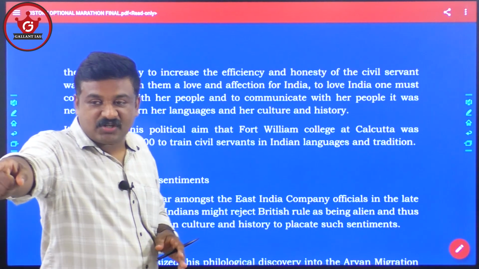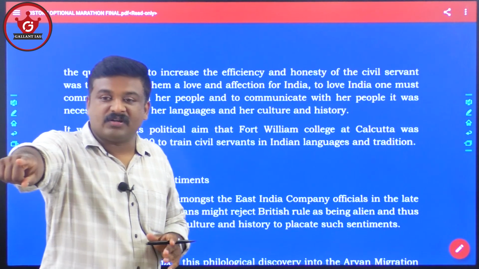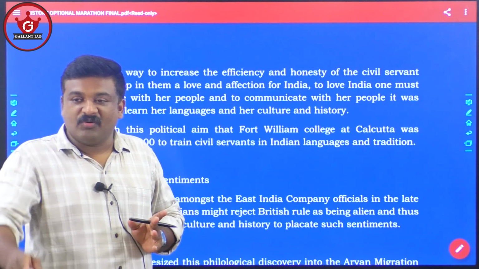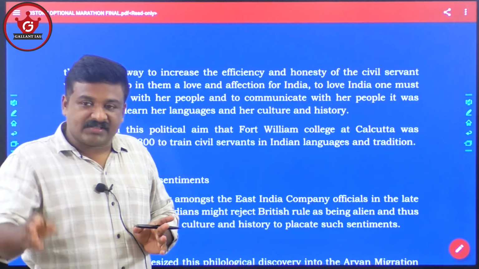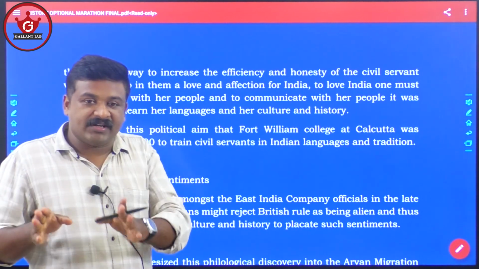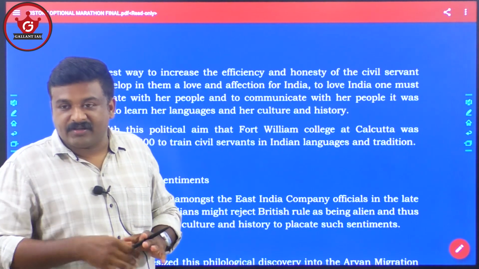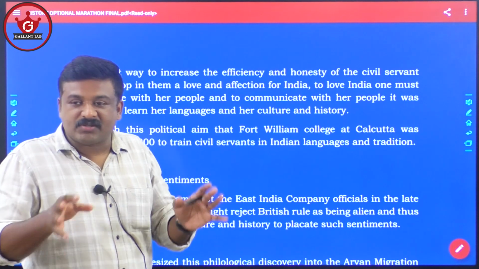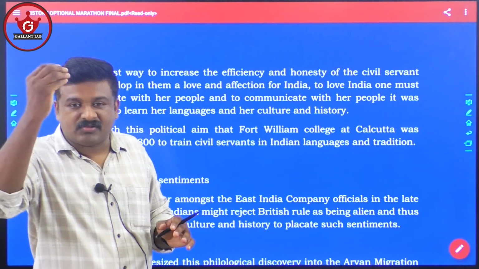Suppose you imagine this is Sethurama Iyer CBI. Some cases are there, century-old cases.